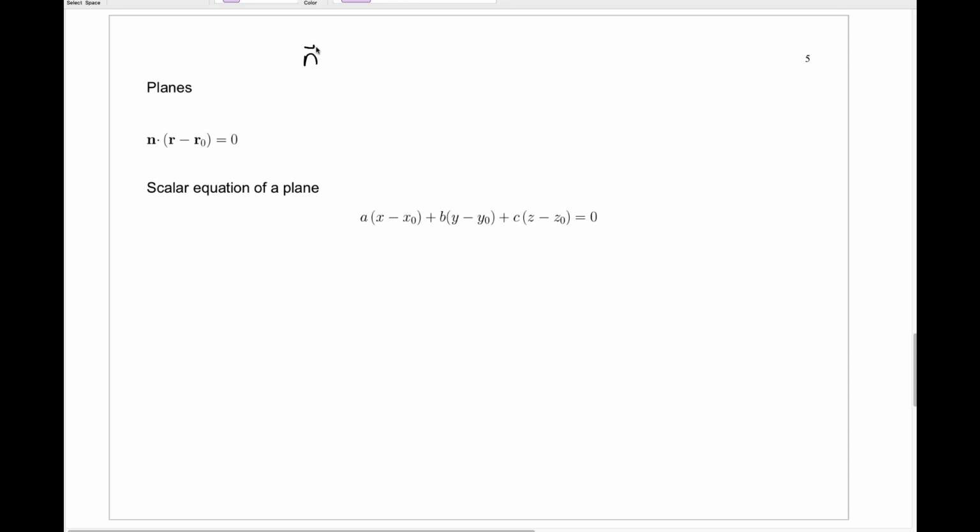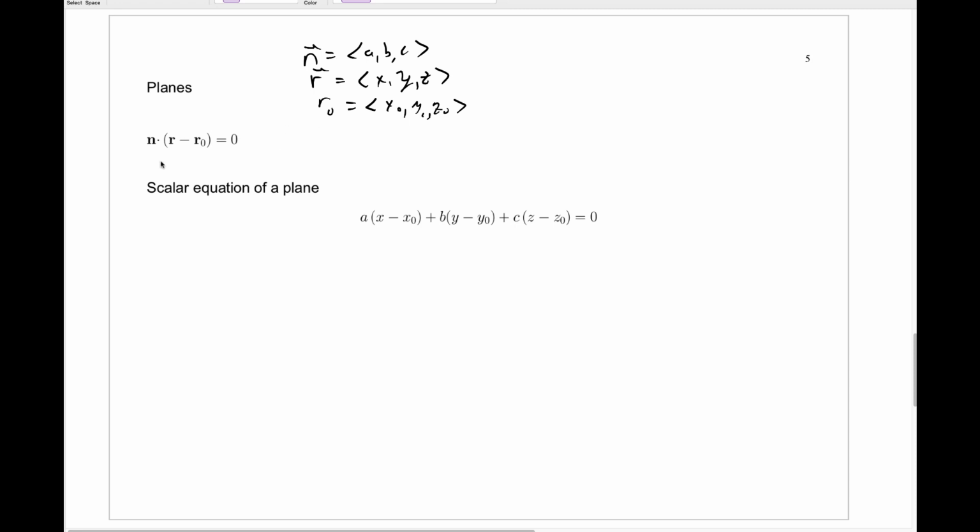Remember, in coordinates, n is the vector a, b, c. Here r is our vector representing any point x, y, z on the plane. And r naught was this particular point, x naught, y naught, z naught, which we know is on the plane. And then what does this equation look like?